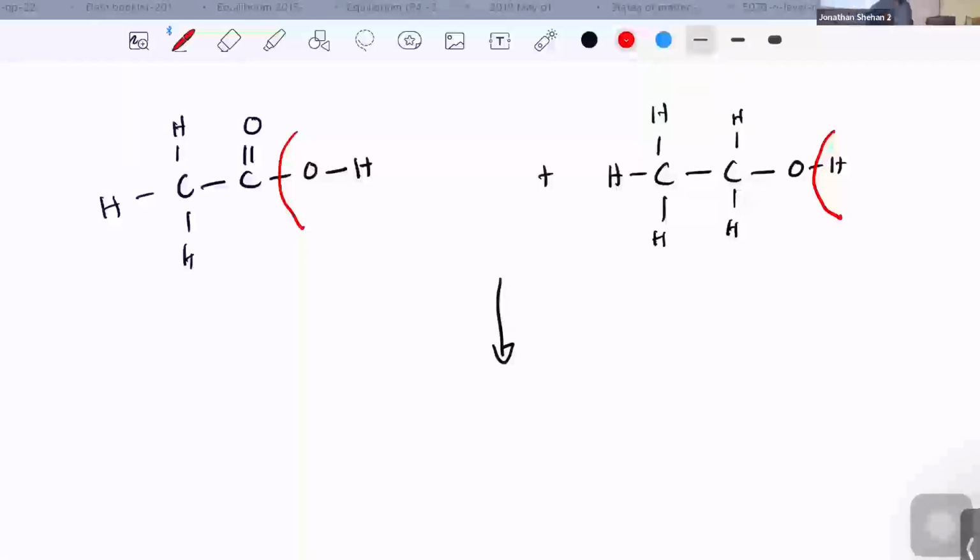So we have to remove the OH from the carboxylic acid, and H from the alcohol. Quickly copy down that part up to this part. But this is not the final answer, okay?